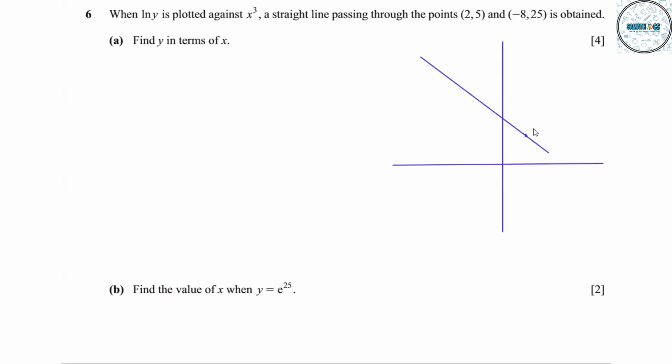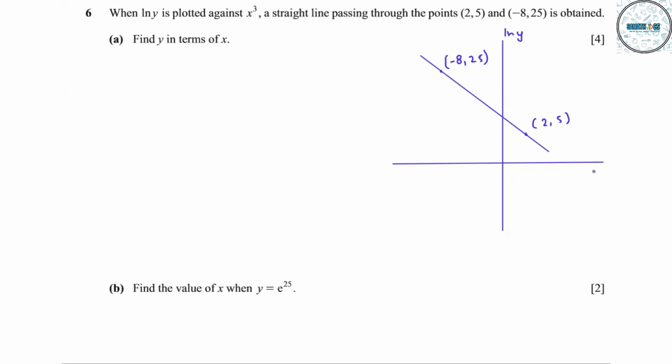We have 2 points here, 2, 5 and minus 8, 25. We have to find the equation of this line. We have ln y, and in place of x, it is x cubed. We have to find y in terms of x. It means that we will find out the equation of this line and then we will make y the subject.